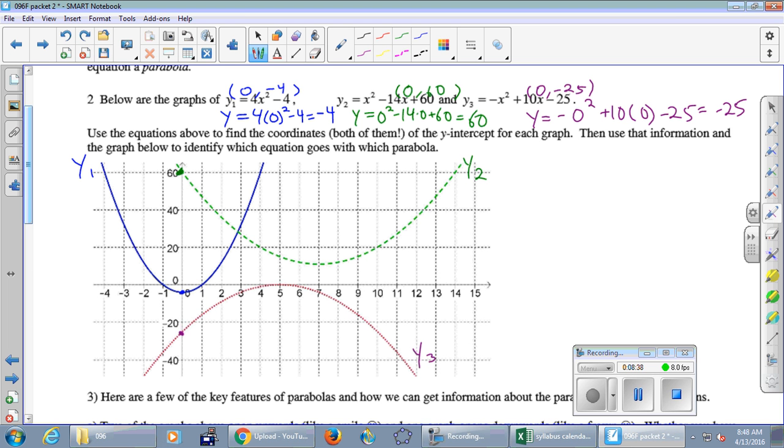Can anybody tell what it is that makes it negative or positive? Yeah, the y-intercept, yeah, those are both negative.